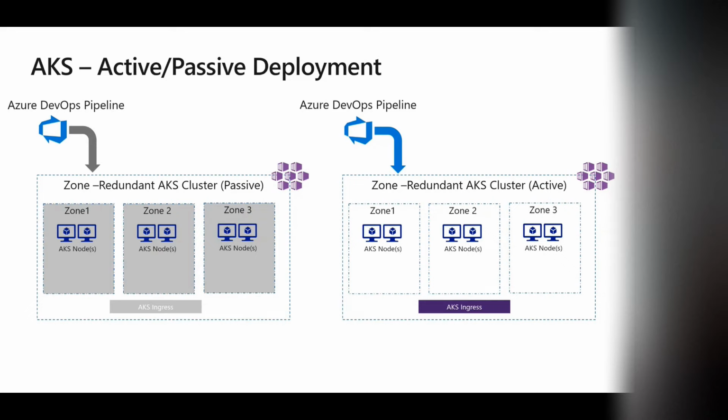There's nothing manual here. Basically, it's pushing a button and everything spins up. They do a quick sanity check, everything is replicated in the other region, all the dependencies are there, and suddenly their cluster is up and running in another region.